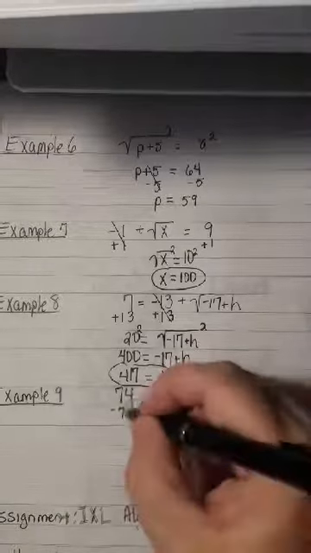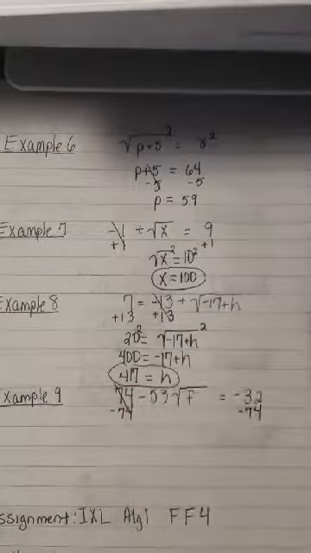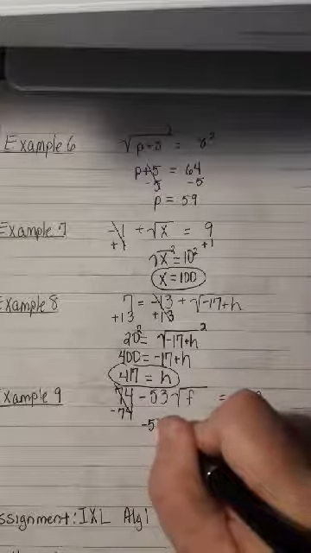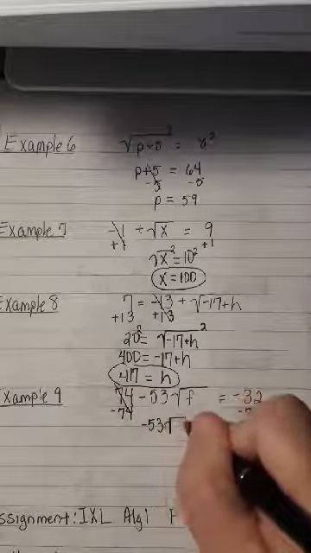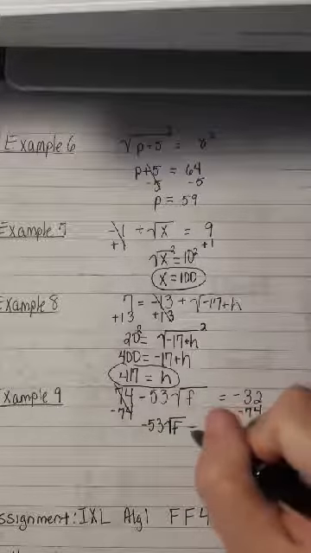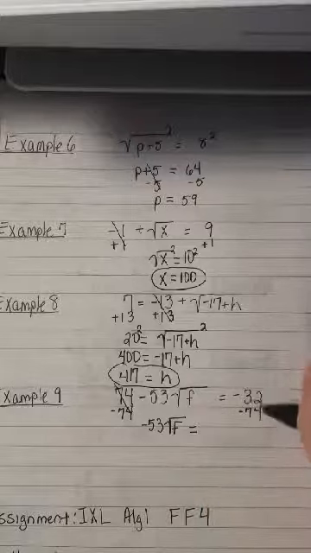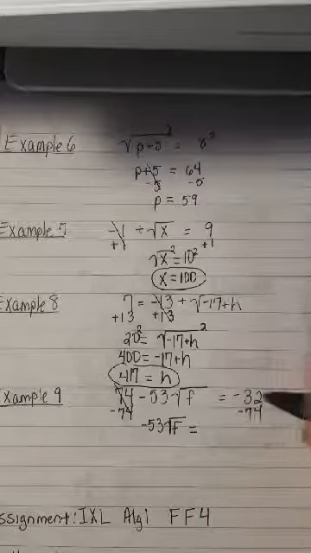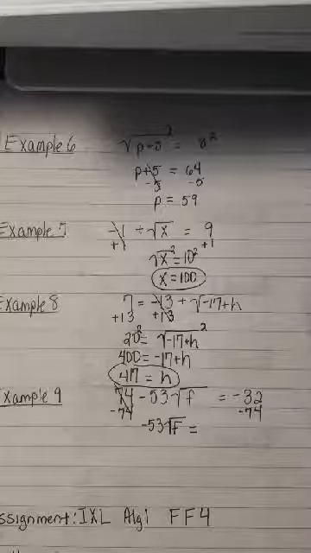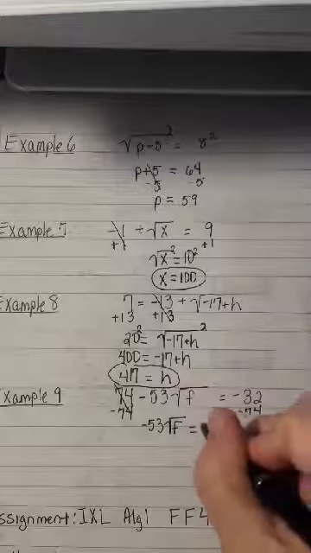Okay, so these 74s cancel out, and you're left with negative 53 on the square root of f. On the right side, we've got to add these because they've both got negatives. Negative 32 and negative 74 makes negative 106.